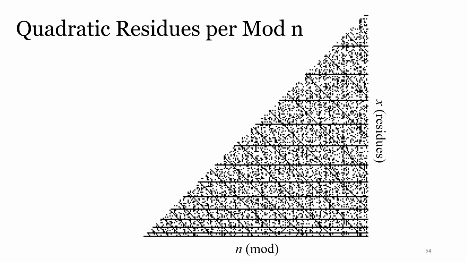To get a feel for how many quadratic residues a number n can have, here's a graphic. On the bottom, we have n, the modulo, and on the y-axis, we have x, ironically, x being the quadratic residues. And you can see that once n becomes pretty large, there are a lot of quadratic residues.